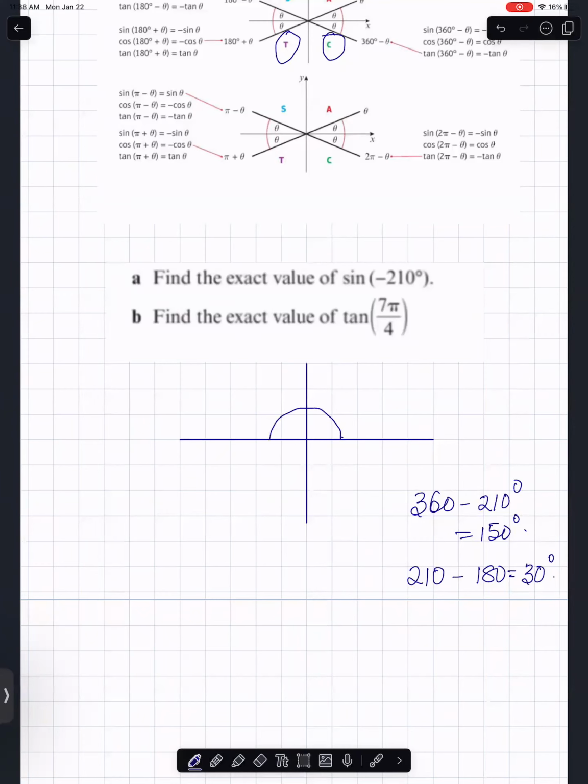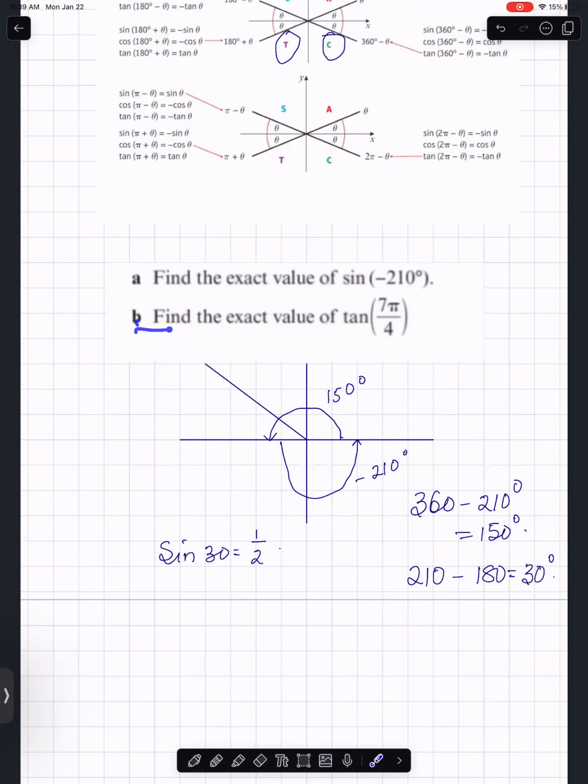This is the sine, which is positive on this. Then this is for 150 degrees. Okay, so I can have my line here. That is for our angle 150. Then here for our negative 210 degrees, we can say sine 30 degrees or sine 150, any one of them. Going back to our trigonometric ratios, we know sine 30 is what? 1/2. So we have gotten the exact value of sine 210.